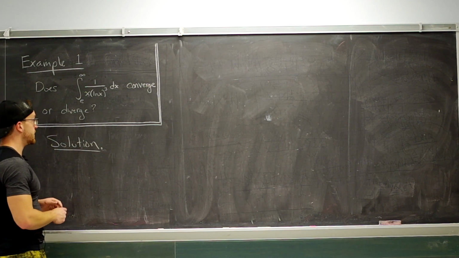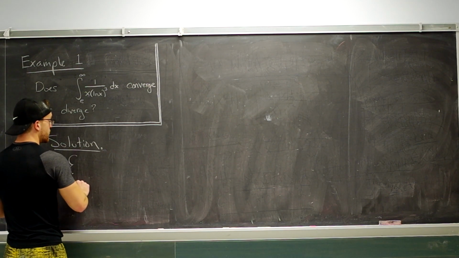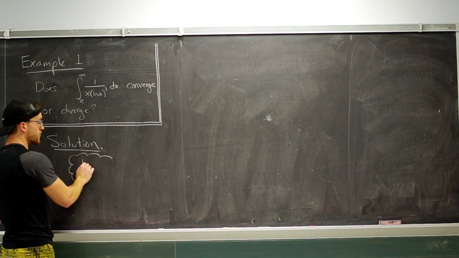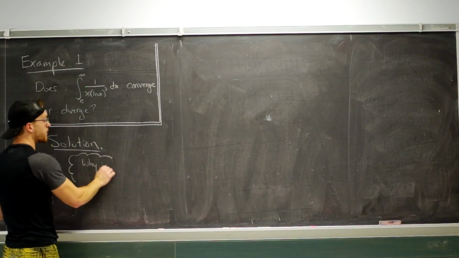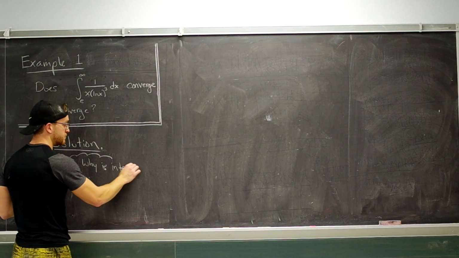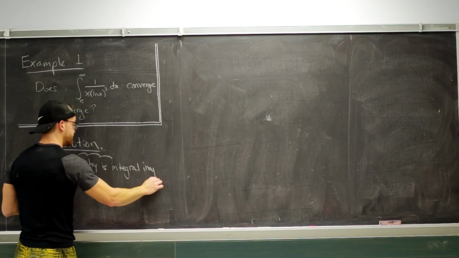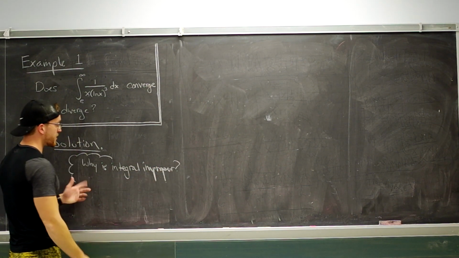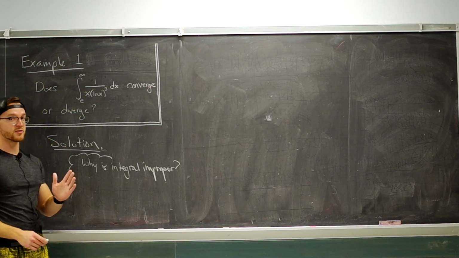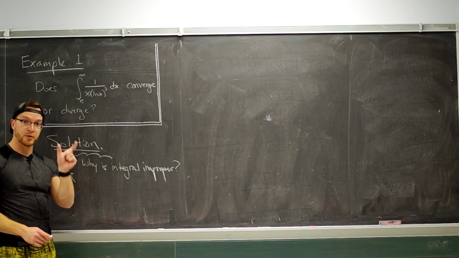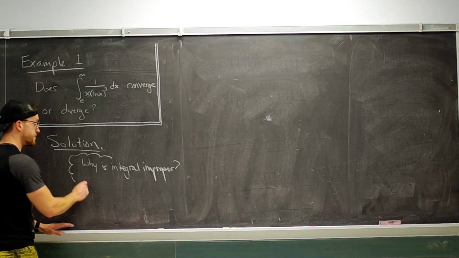Okay. Now, one thing to ask yourself every time you get an improper integral is why is the integral improper? The reason why this is important is because if the integral is improper for multiple reasons, you have to split it up into multiple pieces.